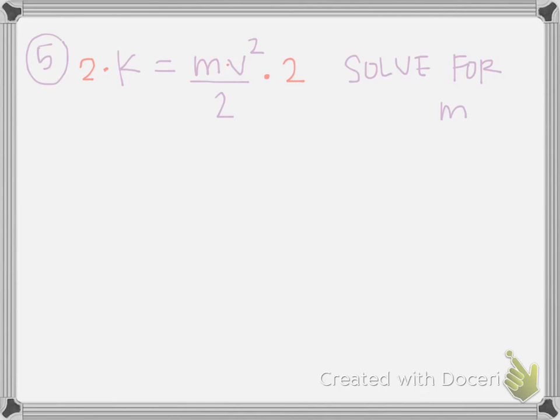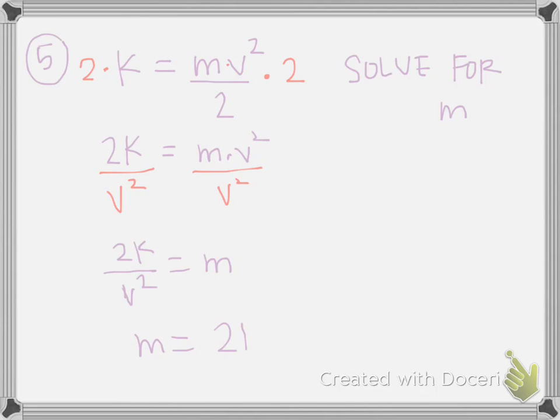So I'm going to get 2k is equal to m times v squared. I want to get the m by itself, so I'm going to divide both sides by v squared. So you're going to be left with 2k over v squared is equal to m, or m is going to be equal to 2k over v squared.